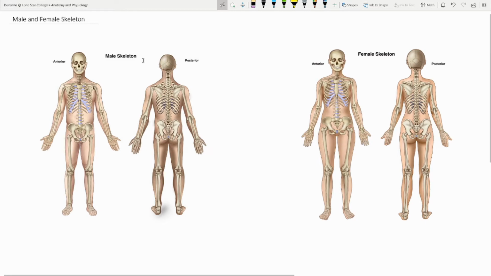Another thing you can notice is the jaw structure. Men have a more square jaw, while women have a more rounded jawline. As you can see, if you ever look at women, they will have a less pronounced jawline compared to a male, generally speaking.